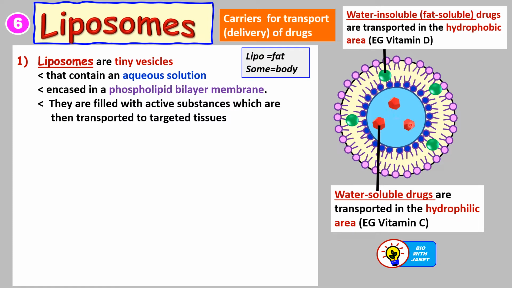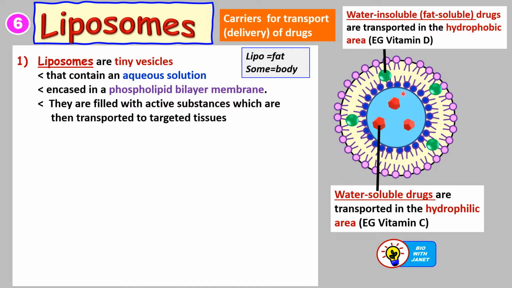It has water in it. So this area is called the hydrophilic area, and the area in between the phospholipid molecules here, okay, in the phospholipid membrane, is called the hydrophobic area. That means it's a water repelling area.